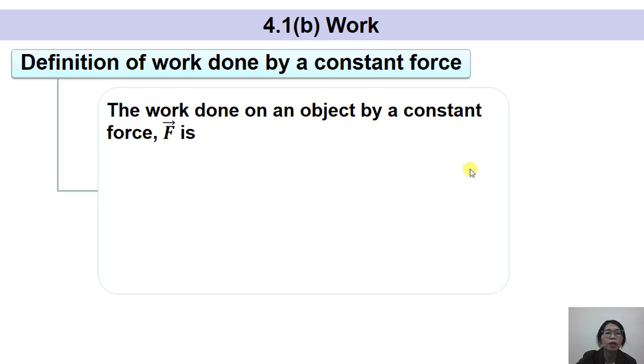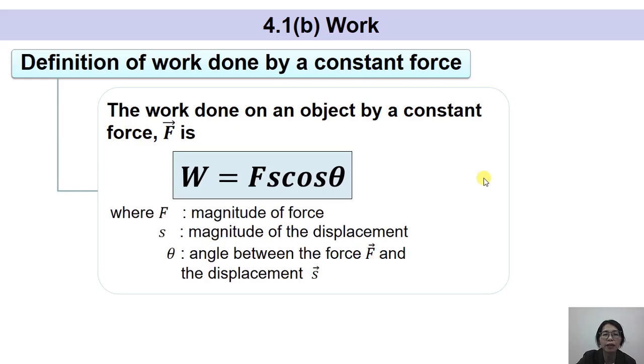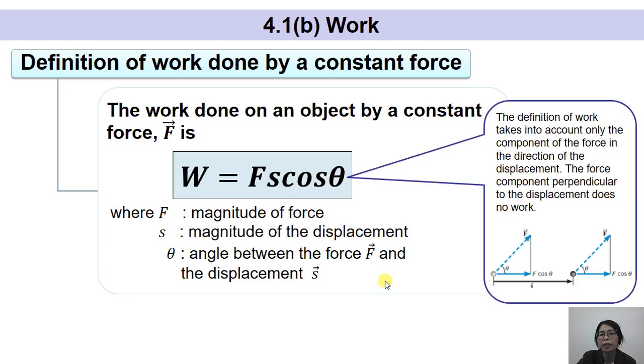So we can draw a conclusion. The work done on an object by a constant force F is given by W equals Fs cos theta, whereby F is the magnitude of the force, S is the magnitude of displacement, and theta is the angle between the force F and the displacement S.